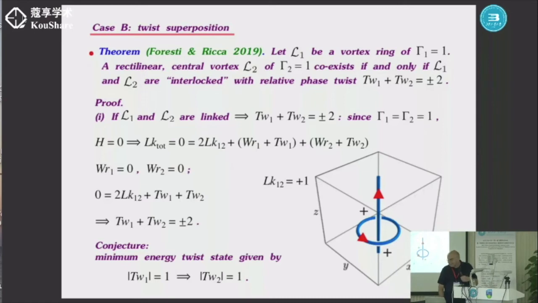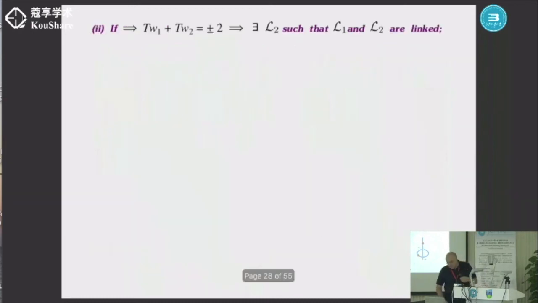Now this, as far as is concerned, is this direction, and then we want to say something about the other direction. In other words, that it exists, if that is true. And this requires a little bit more work.